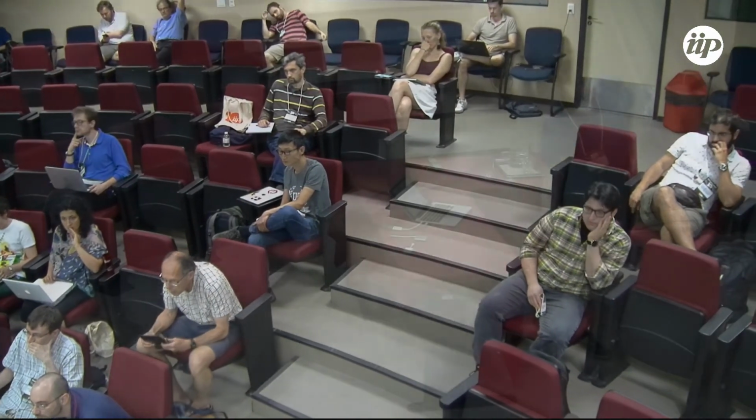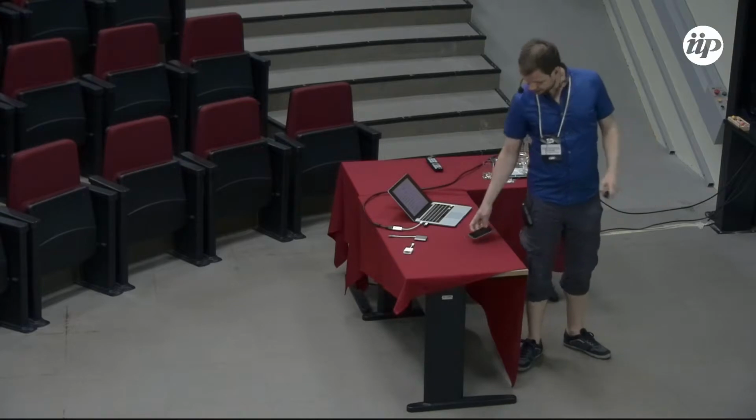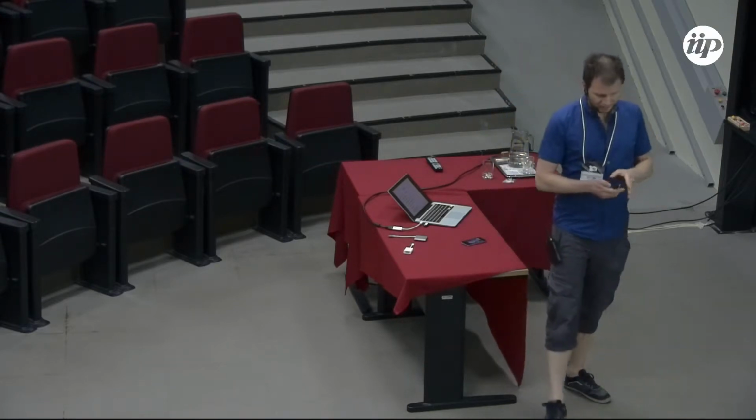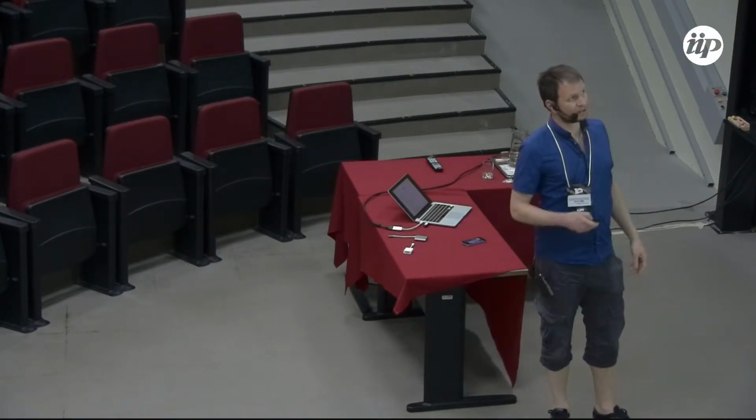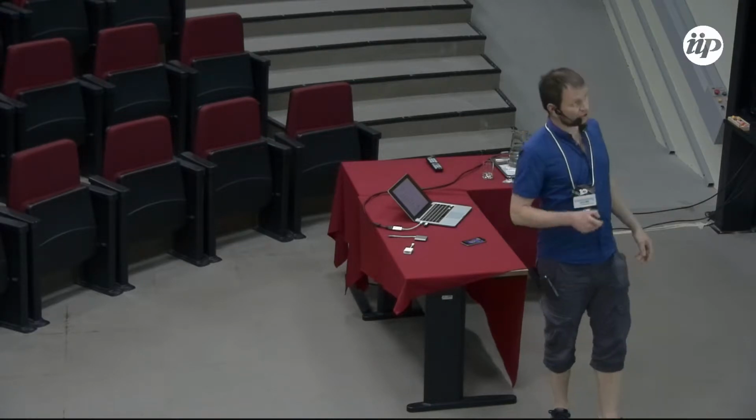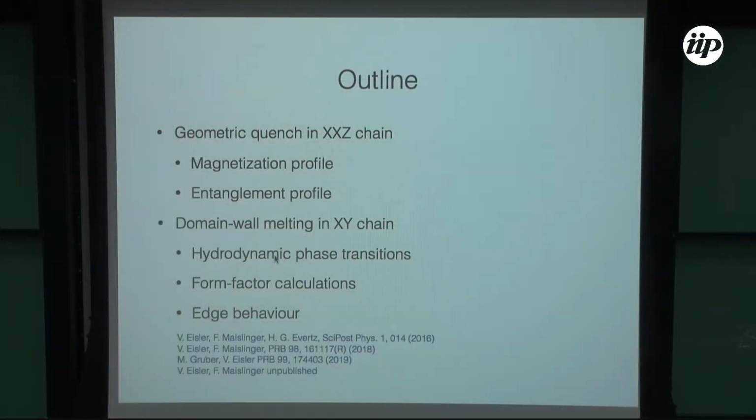Okay, so let me give a brief outline. As I told you, in the first part I will be interested in a GHD description of the geometric quench, and I will apply this to the XXZ chain, and I will study magnetization and entanglement profiles. In the second part, I will be interested in a completely different type of domain wall in the XY chain, and I will show you that hydrodynamic phase transitions could occur.